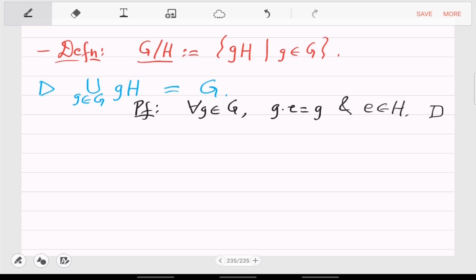Now these two subsets, they cover everything. Is there an intersection between them? There is an intersection. Let's check. So G1H intersection G2H is what? Can there be an element here? So suppose this contains an element A, then what happens?